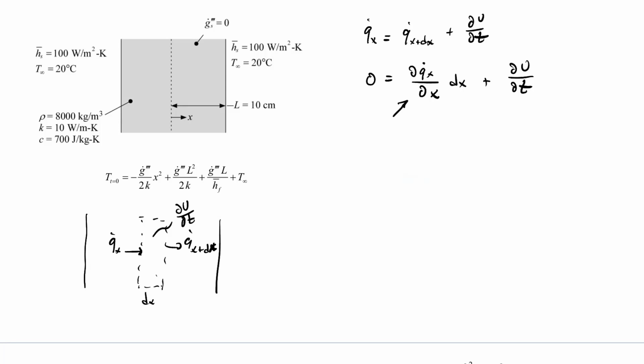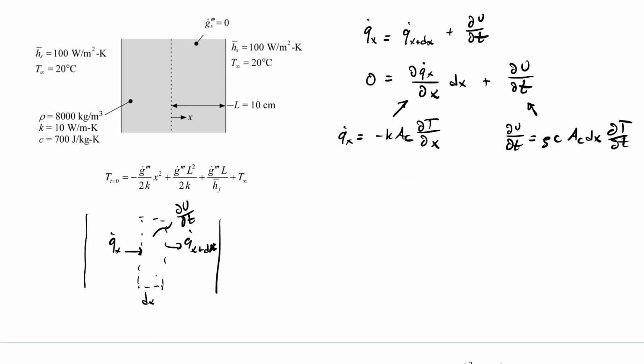Our rate equation for conduction is Q dot X is equal to minus k A_c, partial temperature with respect to X. And our stored energy term is rho times c times volume, which is A_c times dx, times the temperature derivative with respect to time.